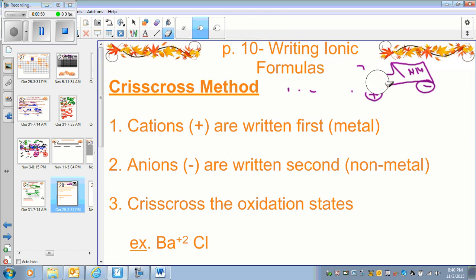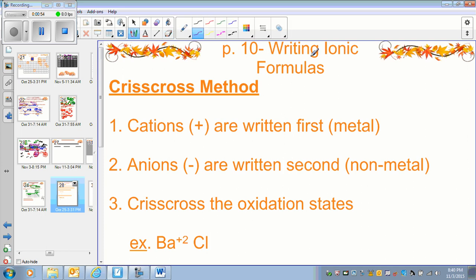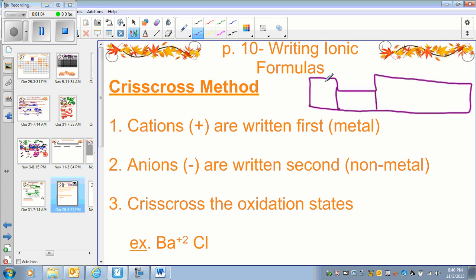Let's see if I can draw one more time a small one that has all the charges on it. So I have, let's give more space here. So group 1, 2, then I have 3 to 12, and then 13, 14.